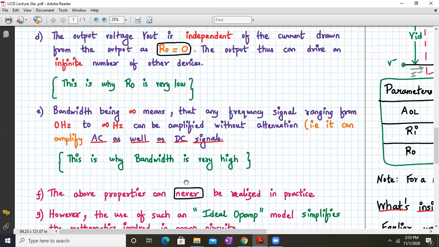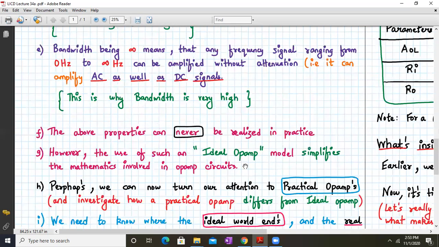Now, bandwidth being infinite means that any signal frequency ranging from 0 Hz to infinite Hz can be amplified without attenuation. That means we can amplify AC as well as DC signals with an ideal op-amp. This is why bandwidth is very high. Now, the above ideal properties of an ideal op-amp can never be realized in practice.